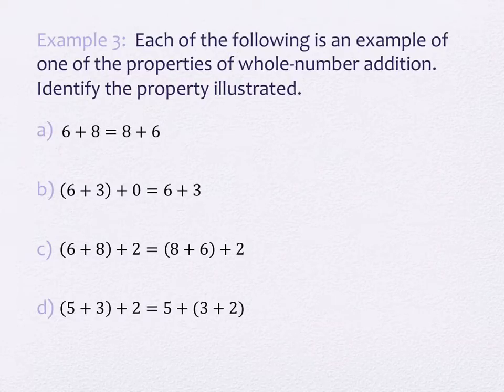All right. Each of the following is an example of one of those whole number properties, and you're going to identify which one it is. So take a minute. I'm going to stop talking. I want you to write down which identity property, which addition property, that's what I meant to say, is present in each of the 4 examples.